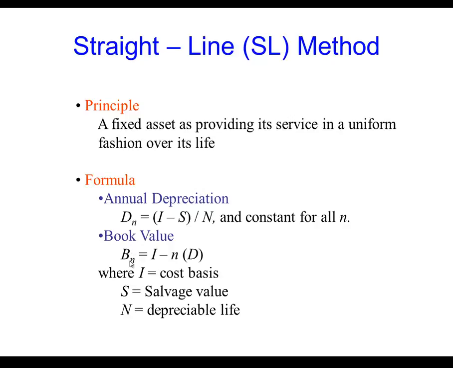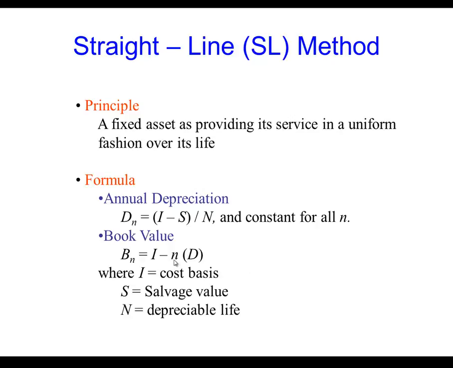The book value, B, is equal to I minus n multiplied by D, where I is the cost basis, the initial cost, S is the salvage value, and N is the depreciable life. That's the whole life cycle for the item that we are calculating the depreciation for.